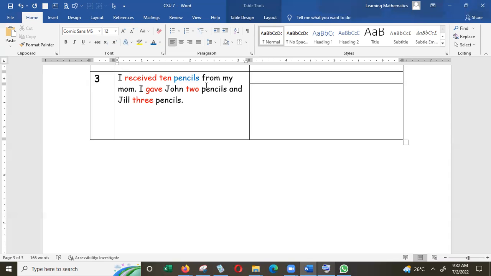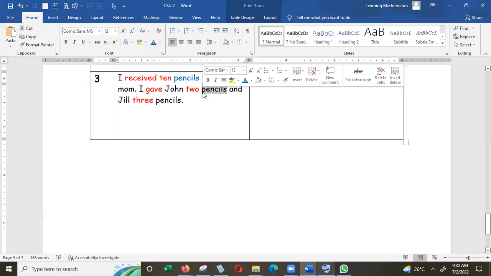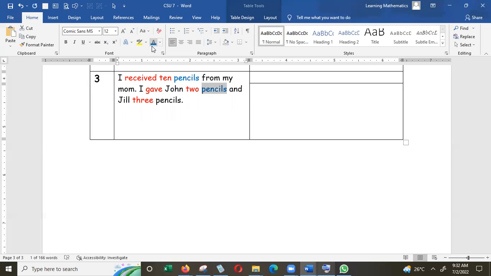There isn't any specific symbol in math for pencils. Now, if there isn't a symbol for a particular word, you have the liberty of creating that symbol. That's why mathematics can be considered a dynamic language, because you can actually create a symbol and define what it means.